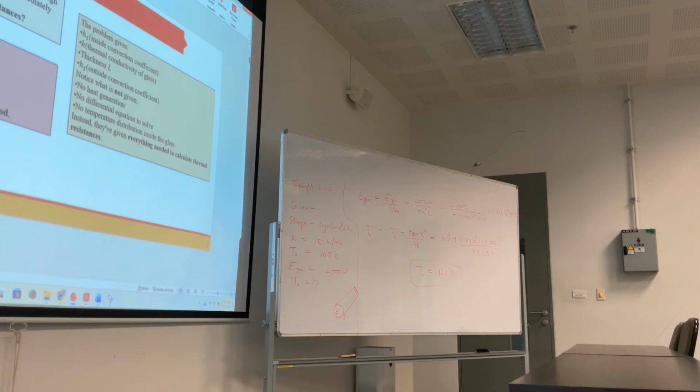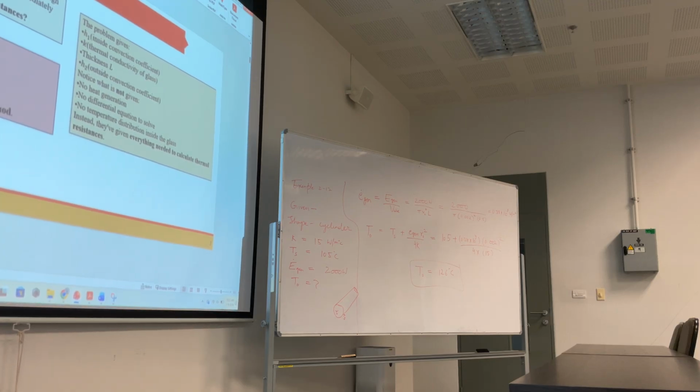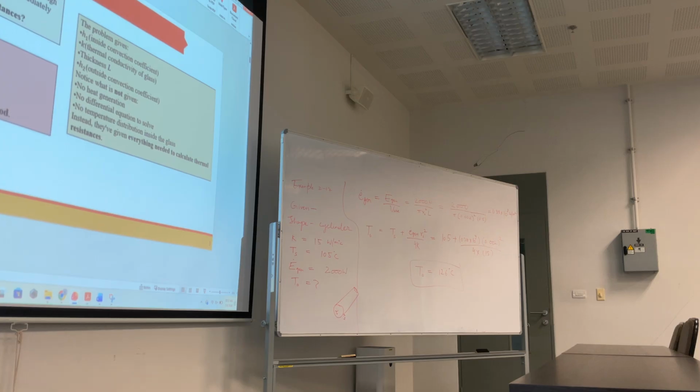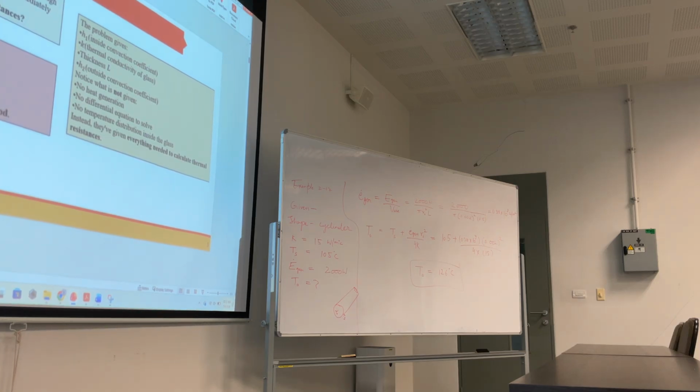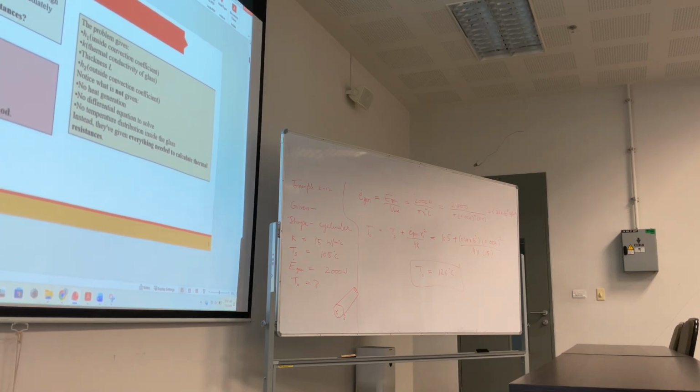Okay, but just understand why you are using it and when you have to use the thermal resistance method. So whenever you have steady state, one dimension heat flow, no heat generation, and there are layers one after another, okay, then you will use thermal resistance.